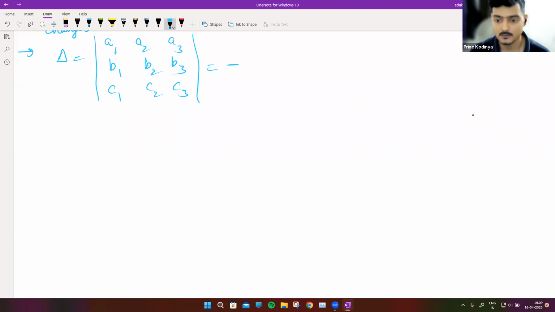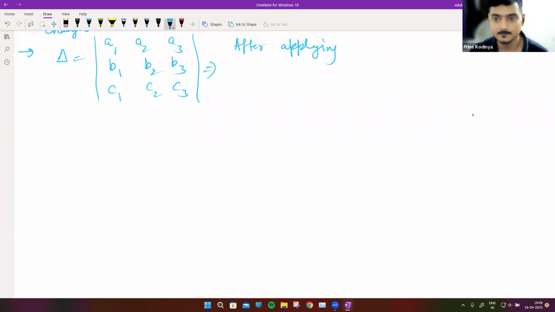So if we interchange any 2 rows or any 2 columns, but not rows with columns, not one row with one column, no. Either take the transpose, in which case all 3 rows become all 3 columns, or interchange any 2 rows or any 2 columns. Interchanging one row with one column is not possible.